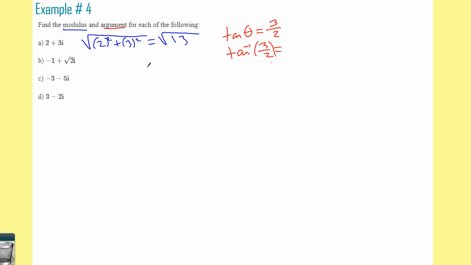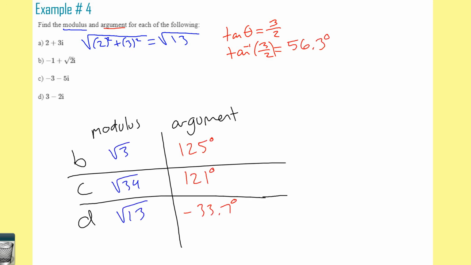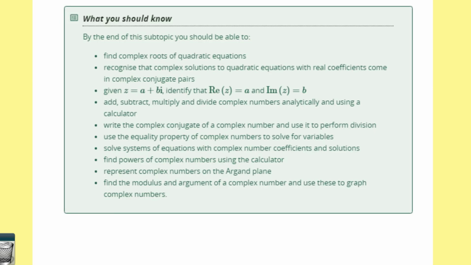Okay? So that's what you're doing here. So practice those. Okay, I'm going to pause it. Okay, so this is what I got for the answers. If you have any questions, feel free to come and see me. All right, so that's all you need to know about complex numbers from 1.12.